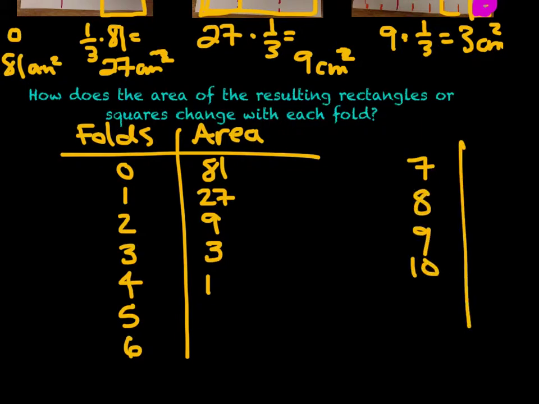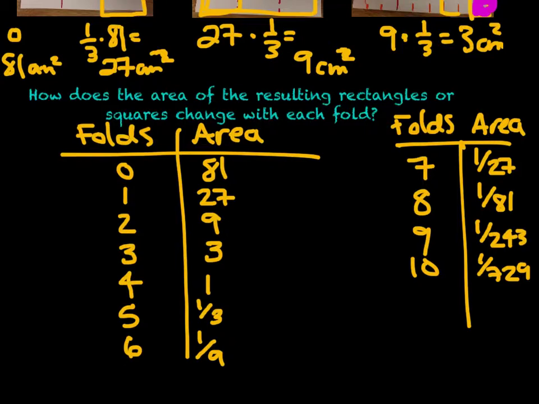So I'm going to do a little bit of math magic and fill the rest of this out and see what we get. So the decay is happening. We can see that after each of the folds, she progressively gets 1/3 smaller and smaller and smaller. So let's find out what our growth rate is.